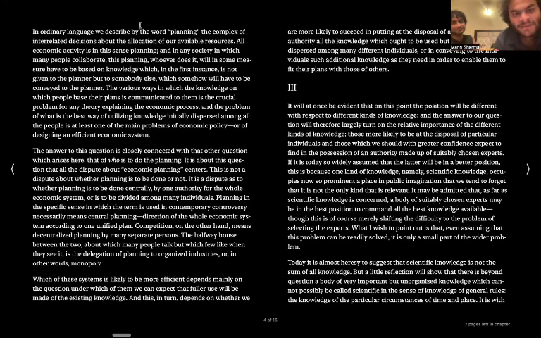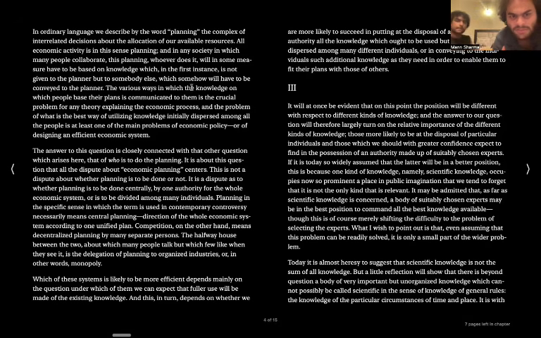In ordinary language, we describe by the word planning the complex of interrelated decisions about the allocation of our available resources. All economic activity is in this sense planning. And in any society in which many people collaborate, this planning, whosoever does it, will in some measure have to be based on knowledge which, in the first instance, is not given to the planner but to somebody else, which somehow will have to be conveyed to the planner.